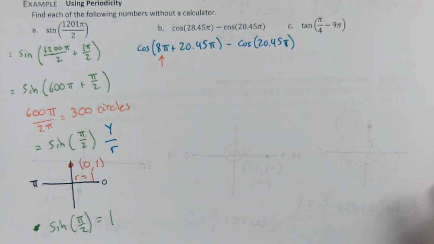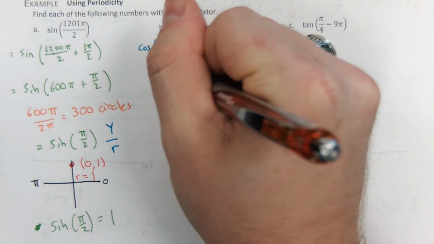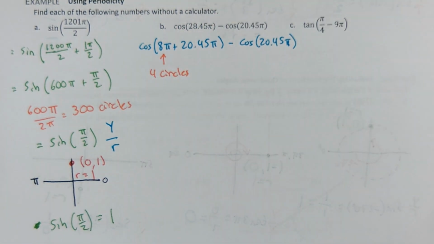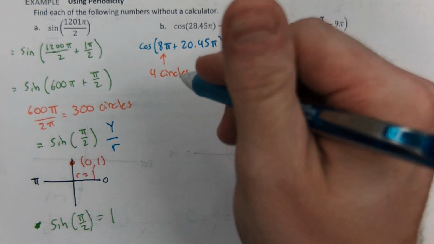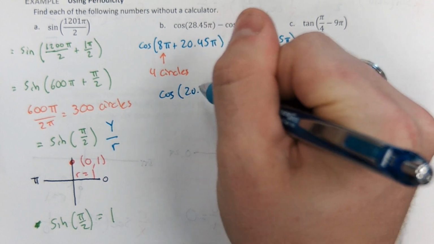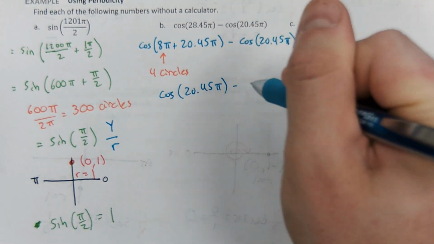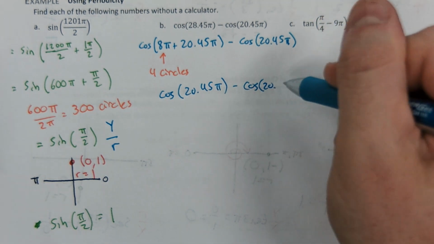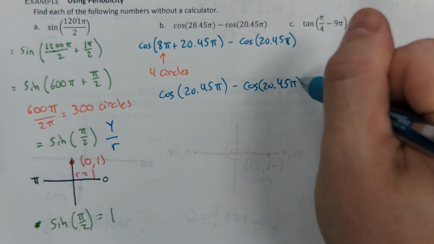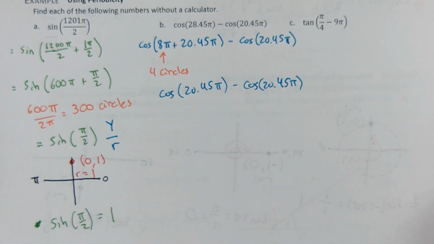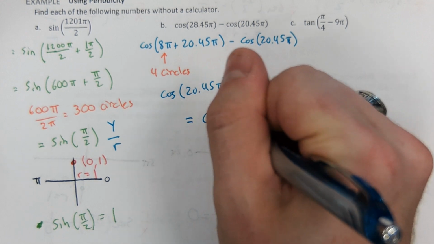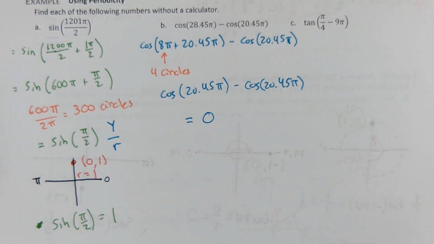What's that? 4 circles. Nowhere near as dizzy as 300 circles, but still just as useless. Turning 4 circles does not change where you are. So they can be disregarded. That means this is equivalent to cosine of 20.45 pi minus cosine of 20.45 pi. Do I know what cosine of 20.45 pi is? No. But I do know that anything minus itself is always equal to 0.